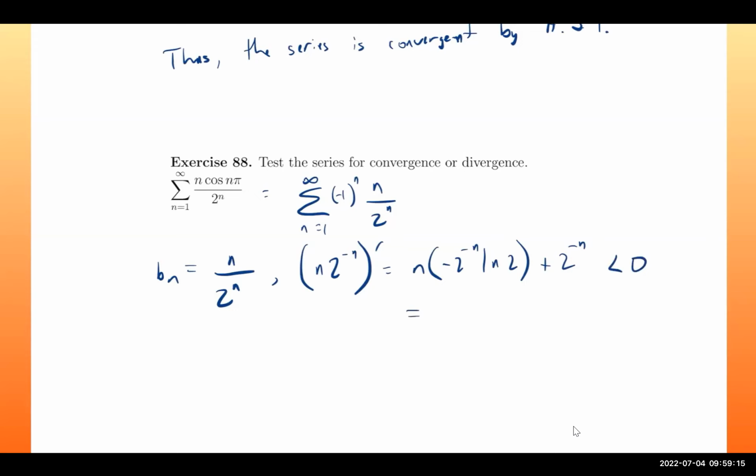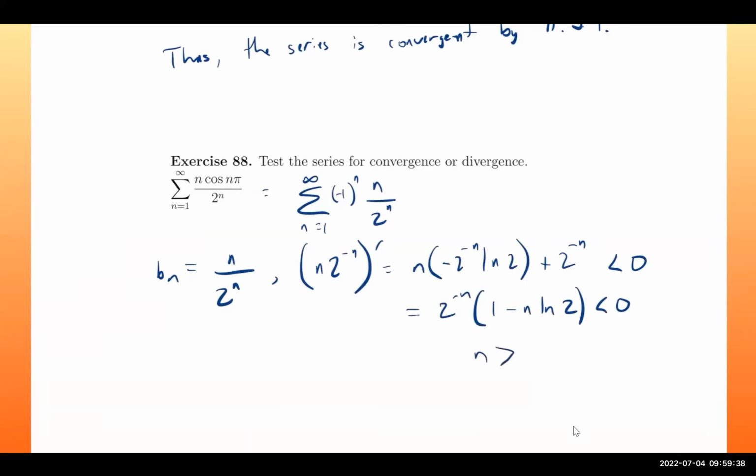So if you factor out a positive 2 to the negative n, you should get 1 minus n ln 2 less than 0. And that means that it's going to be decreasing for all the values when n is greater than 1 over ln 2.